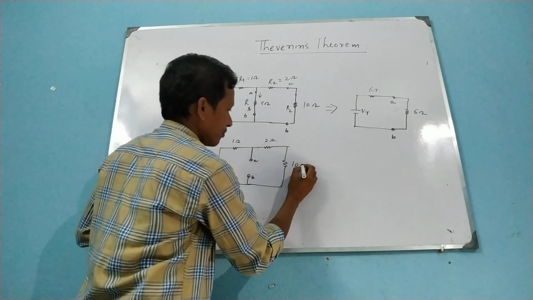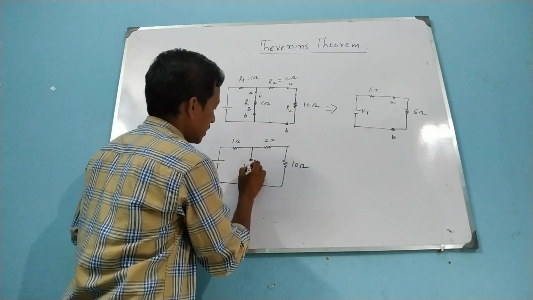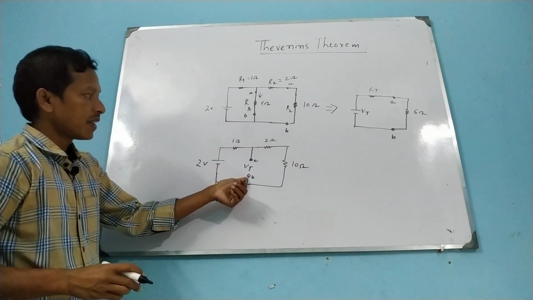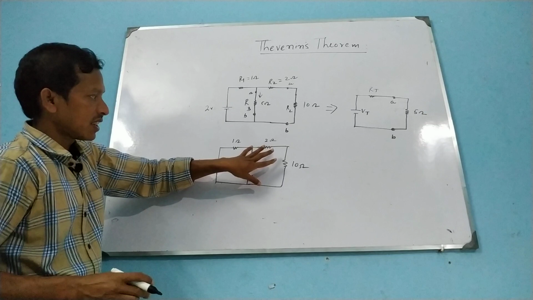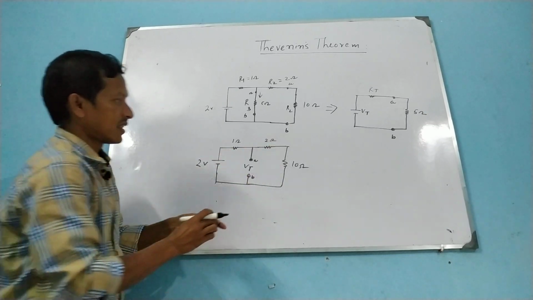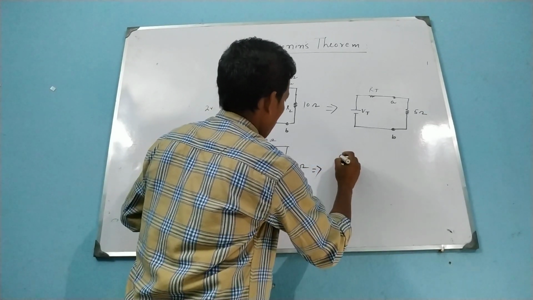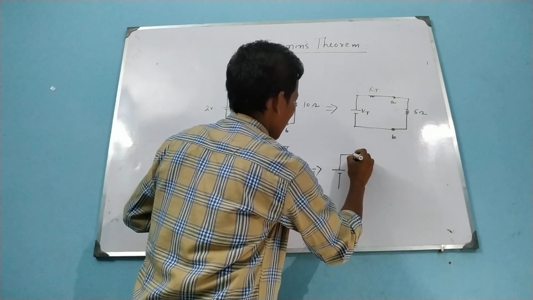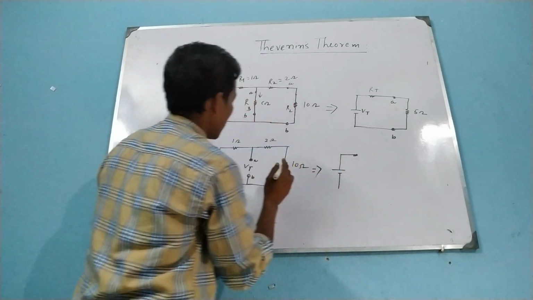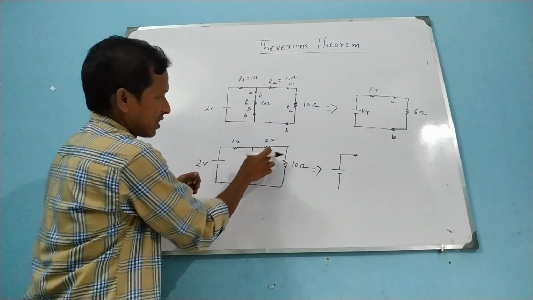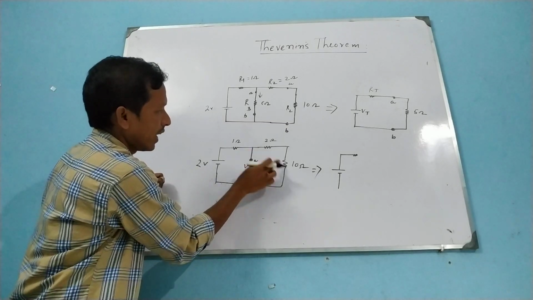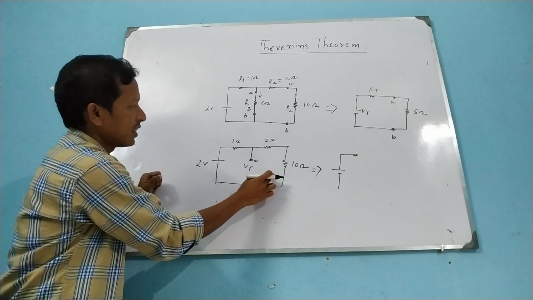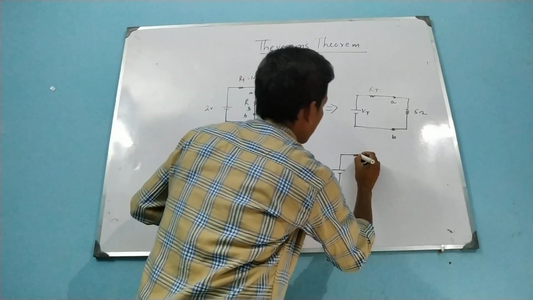Okay, and this is VT, this is 2 volt. What will be the value of the AB? This circuit can be replaced by this. Let's see the circuit diagram. Here 2 and 10 remain in the series.